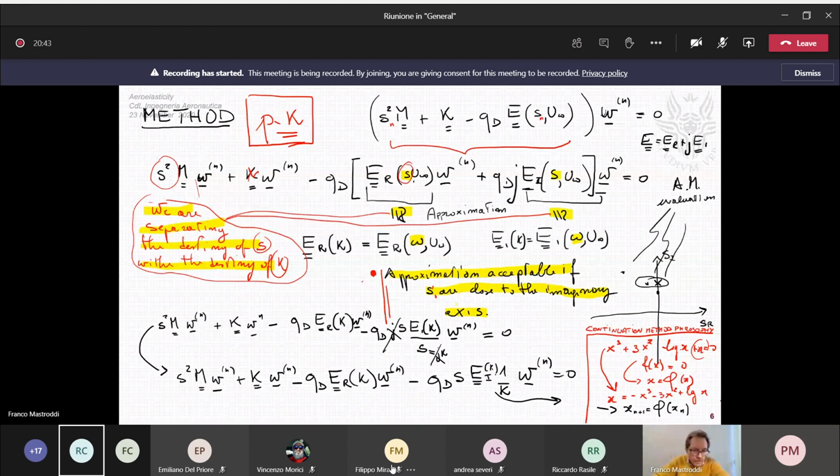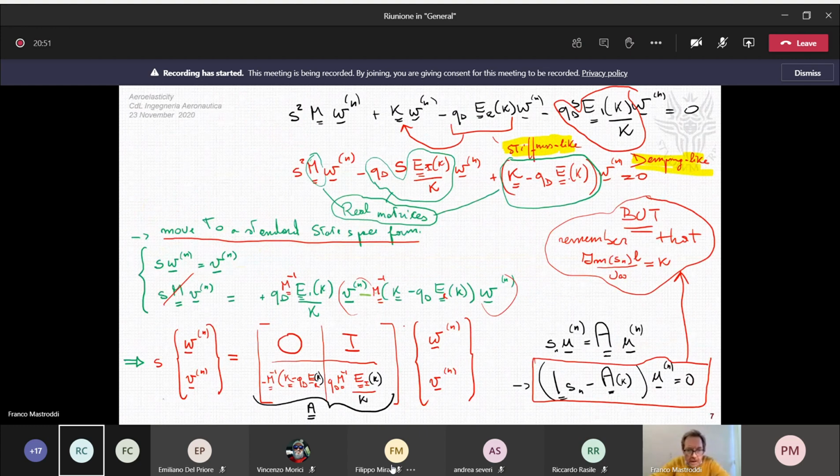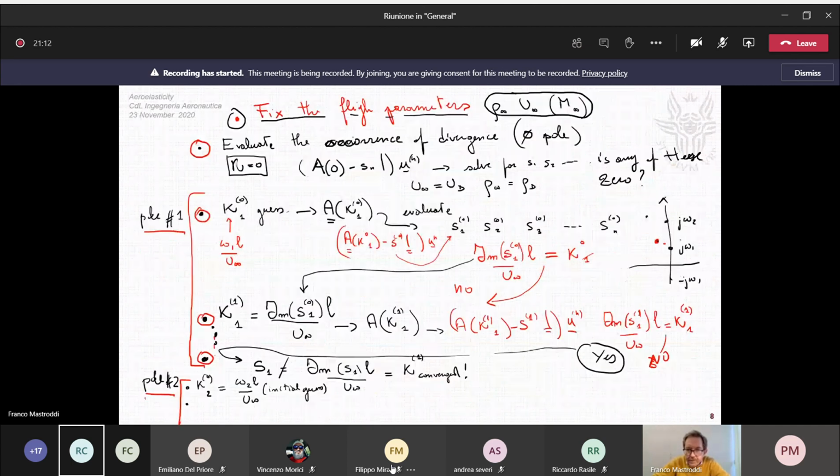So at the end of the story, we have a system with a state matrix A, which is artificially depending on K, the reduced frequency, and therefore we have a matrix for any K fixed. And this is the basis of the iteration.